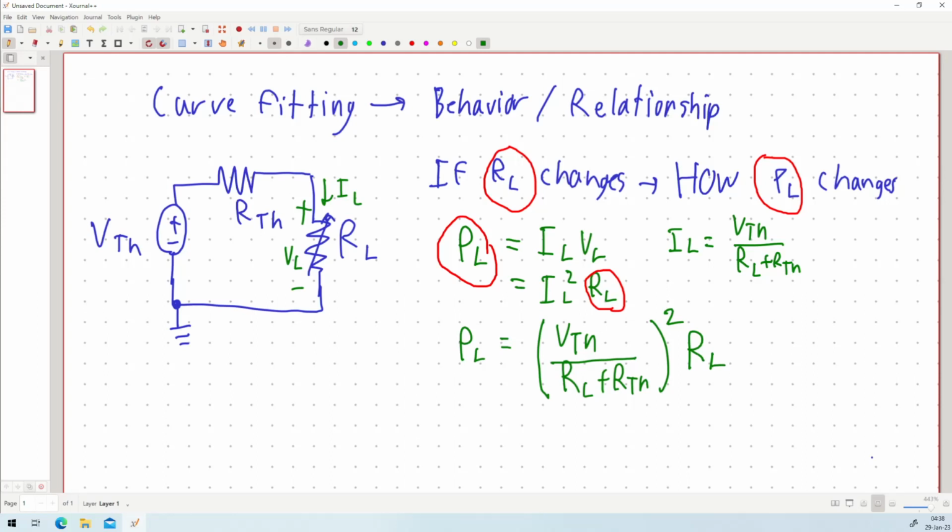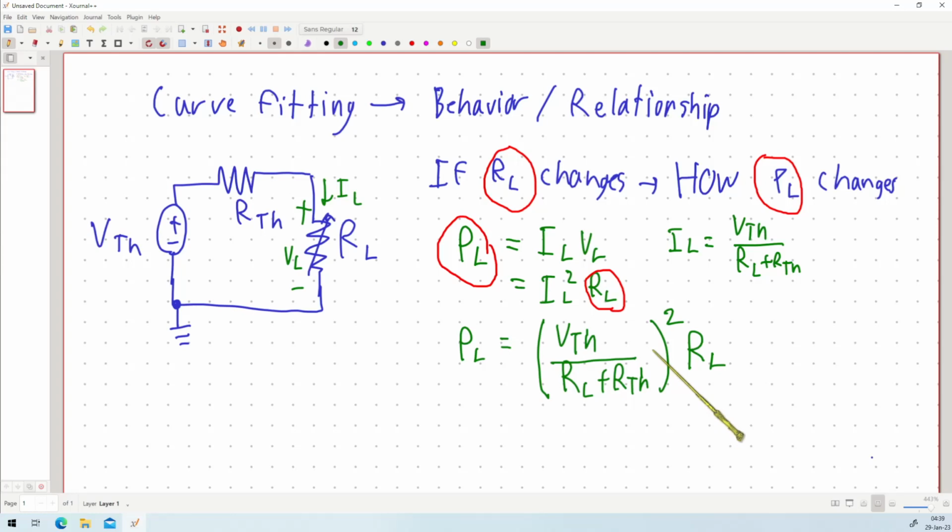And at this point, we know that we could categorize all the variables into two categories. The first category is the constants. This is constant, this is constant.